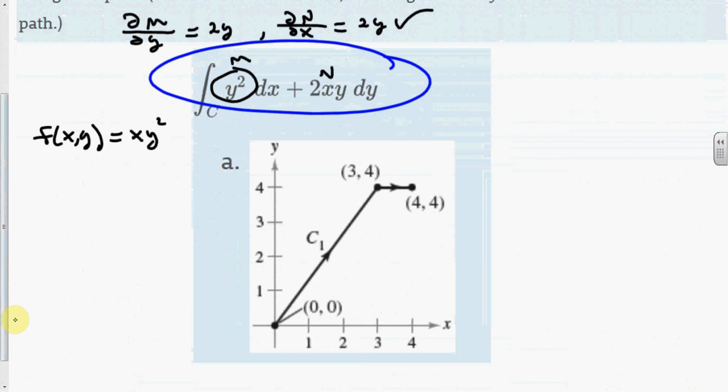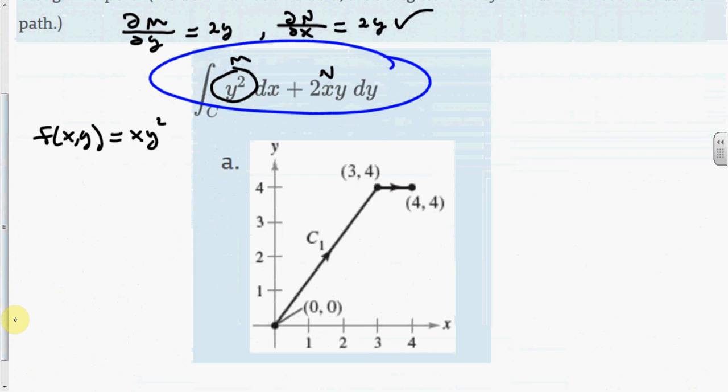So since we did determine that this is independent of path because the partial derivatives are the same, we check that criterion. So don't even worry about evaluating each piece. Look, here's what they're saying. I've seen it where this is C sub 1, and this part from 3, 4 to 4, 4 is C sub 2.